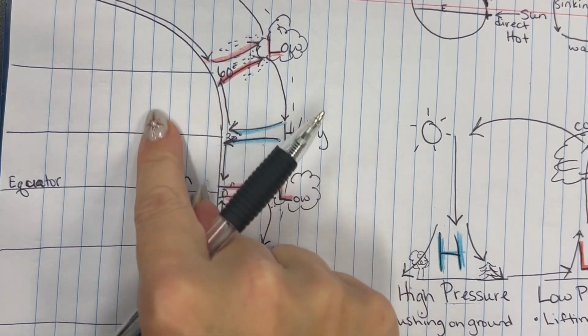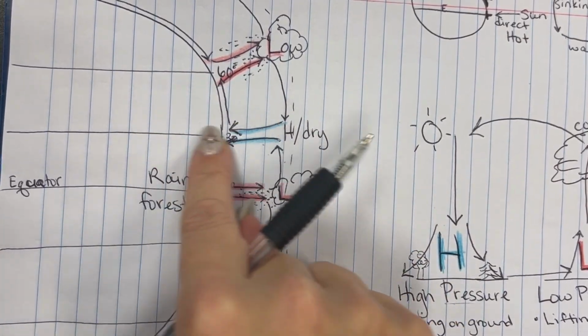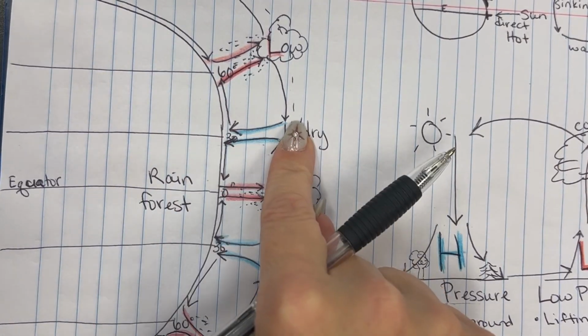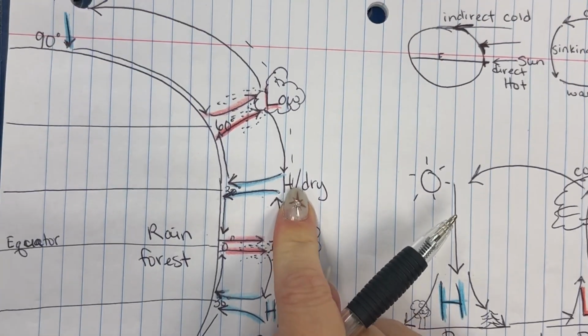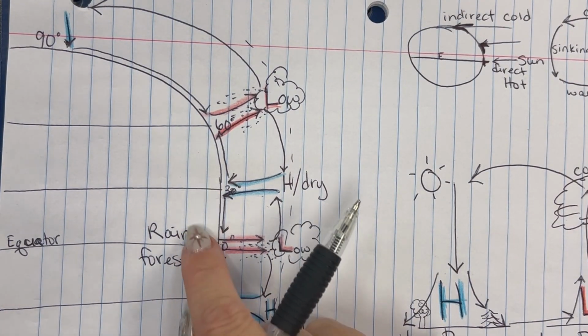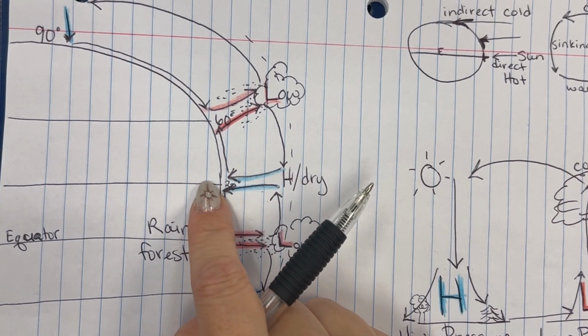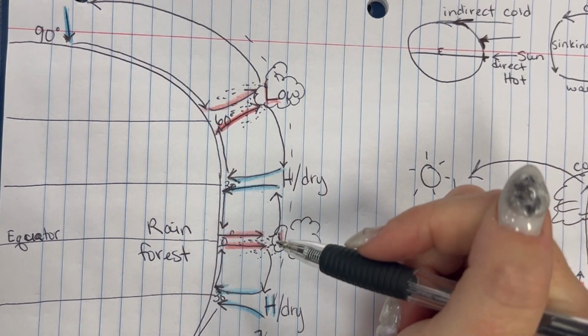This area right here, where you have that 30, it's nice and dry, but it's not cold, right? Because the tropics are right here, so it's a little cooler than the tropics. Let's say the tropics are like 95 degrees in the summer. This is gonna be like 80, 85.